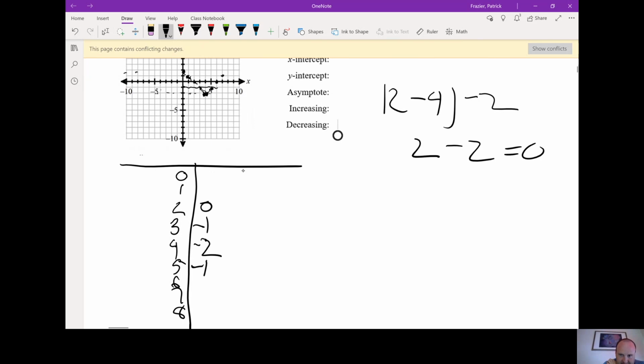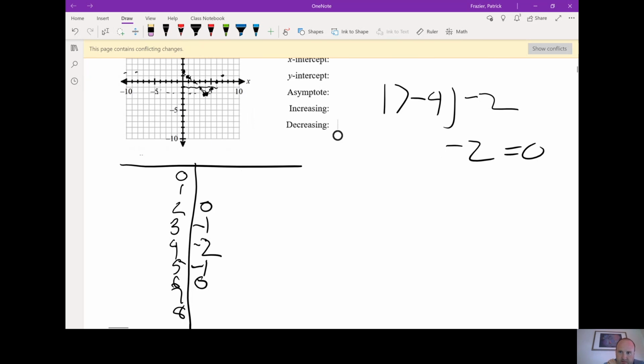And same thing over here, 6. If I substitute in x for 6, 6 minus 4 is 2. 2 minus 2 equals 0. And then 7. 7 minus 4 is 3.